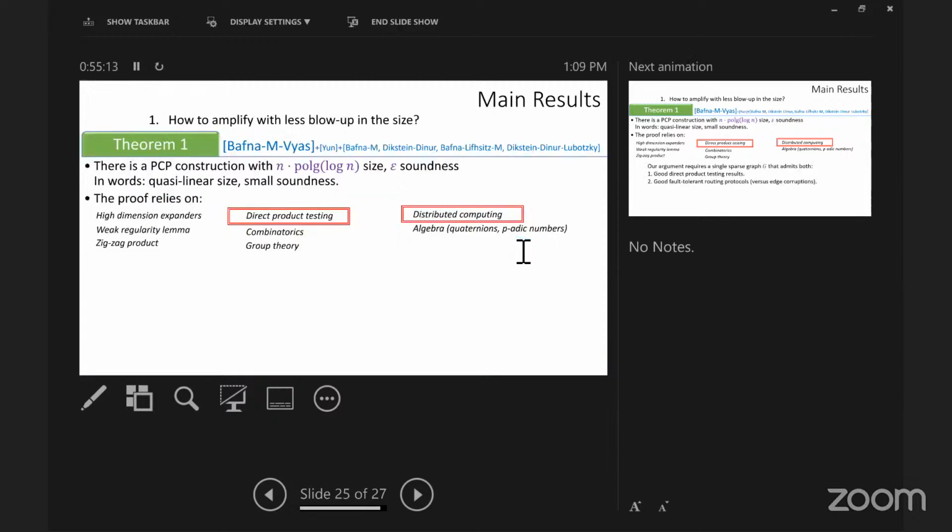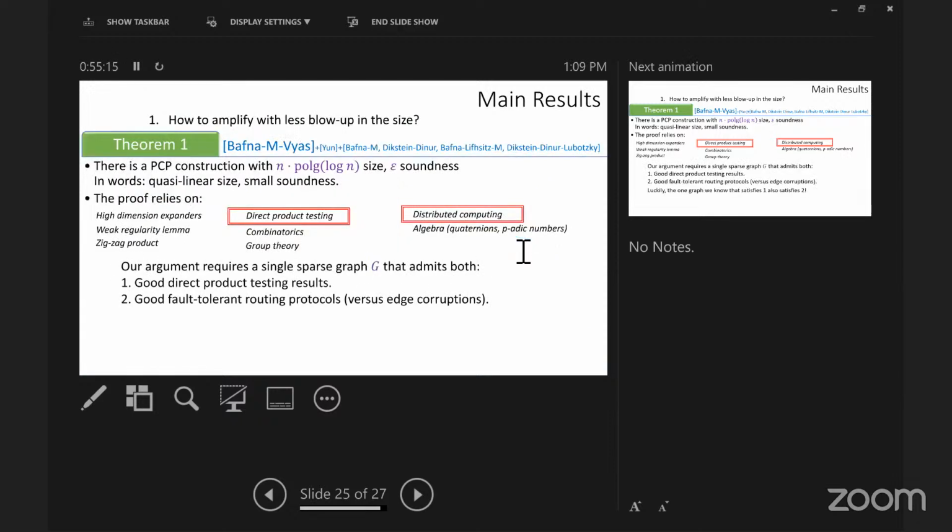Cool. So just to finish this argument, for this theorem 1, we make these 2 requirements. We need a good direct product tester, which again amounts to construction of some graph with some nice properties. We need, again, a graph which has good routing properties. And as it turns out, we want these 2 properties from the same graph.